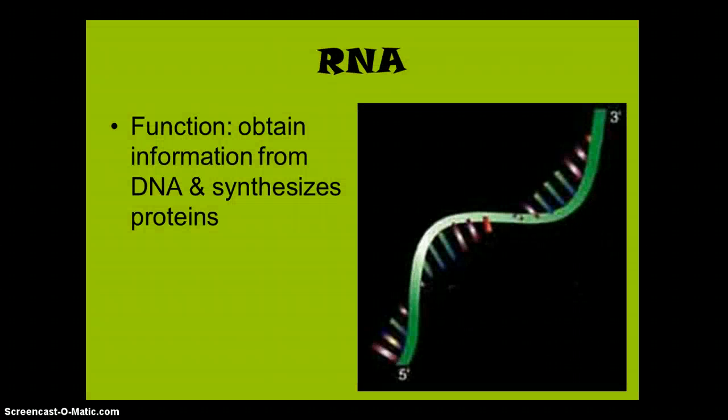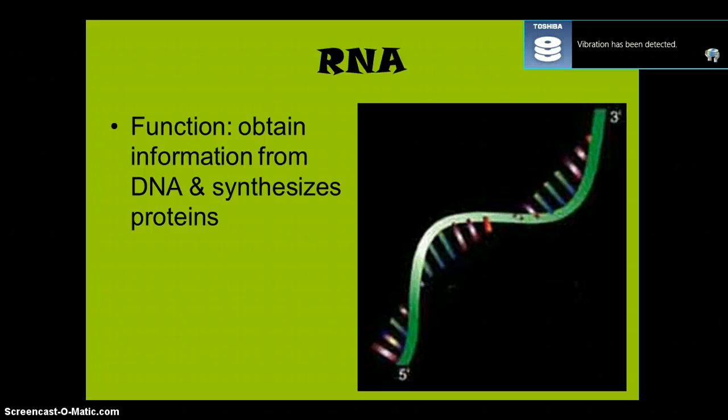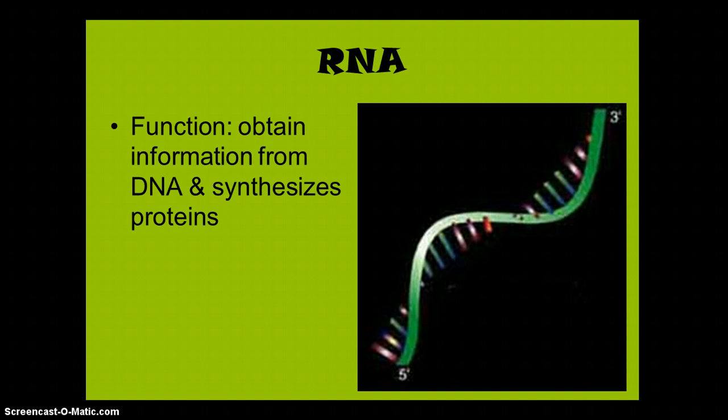Okay, so the function of RNA. The function is to obtain information from DNA and synthesize it into proteins. Okay, so we have DNA in the nucleus, and it actually contains the genetic information, the genes that we have. It's actually instructions to build proteins. It's like a recipe for proteins.